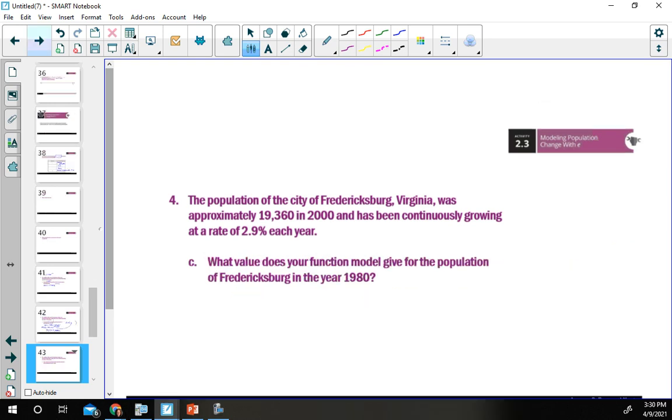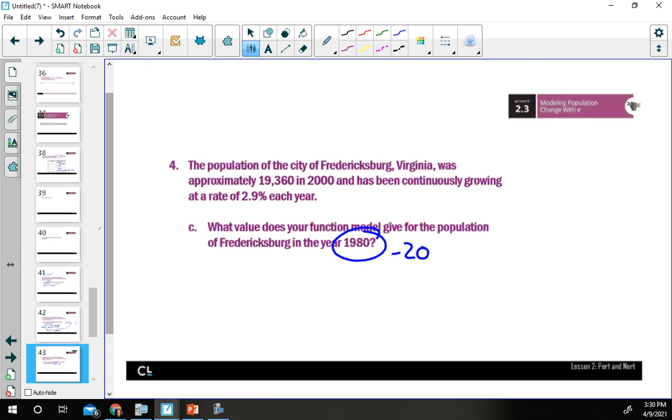Okay, so I need to go backwards to 1980. How do I go backwards? I started at 2000. I now need to go backwards 20 years. So I'm going to type in negative 20 and see if I declined back to 1980, how many people could have potentially been there?